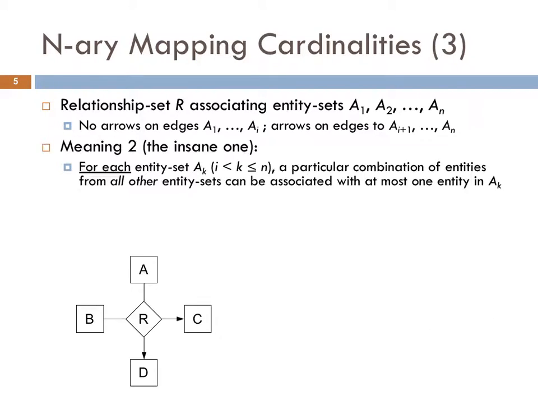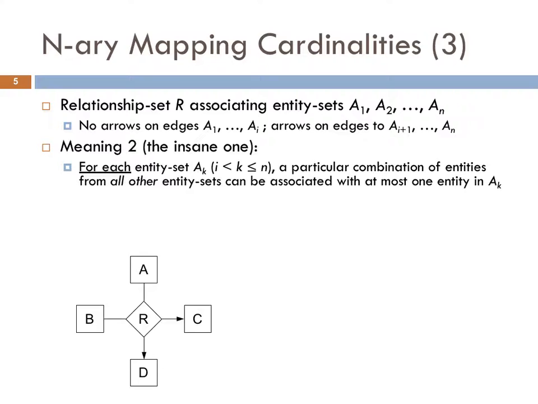Okay, here's the insane meaning. So we have more than one arrow on our degree greater than 2 relationship set. What we're saying is, look at each arrow individually. And so you have an arrow pointing to a particular entity set.